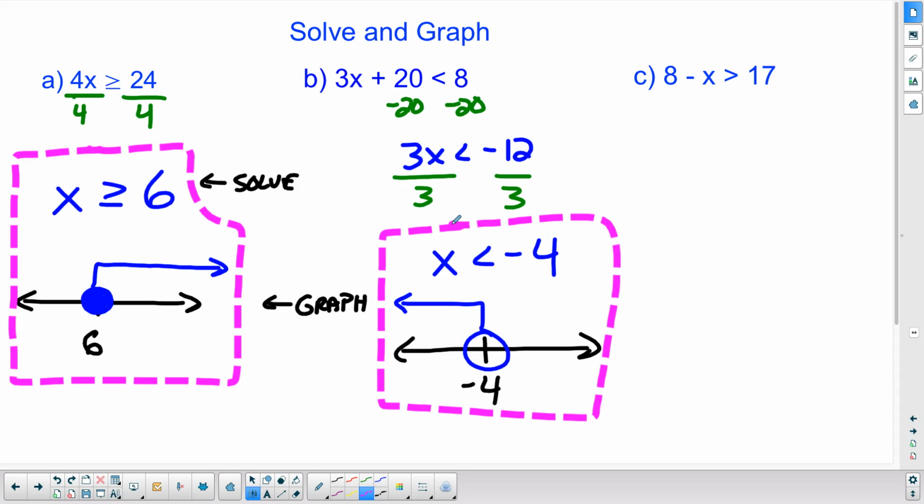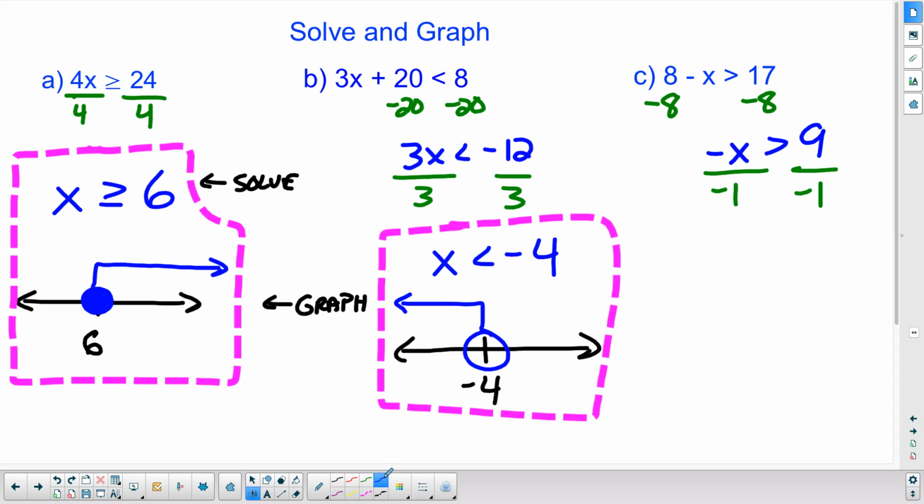Okay. Next one. 8 minus x is greater than 17. I would first subtract 8. That gives me -x is greater than 9. Then I would divide by -1. That gives me, whoa, tap the brakes.